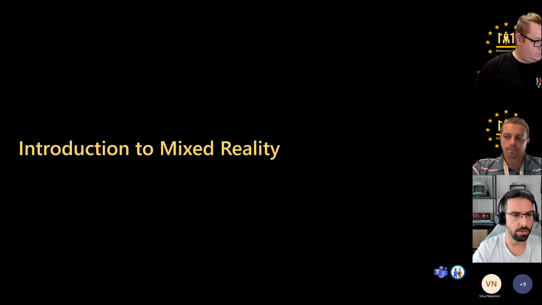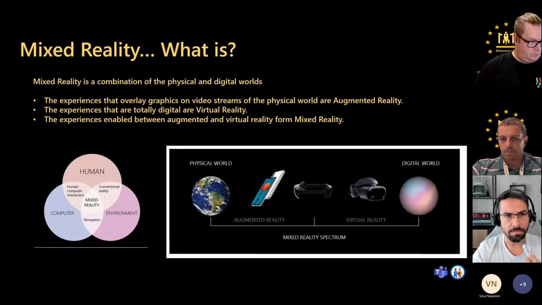So we can start with the introduction of mixed reality. What is mixed reality? Basically, it's a combination of the physical and digital worlds. There are different ways to represent reality.